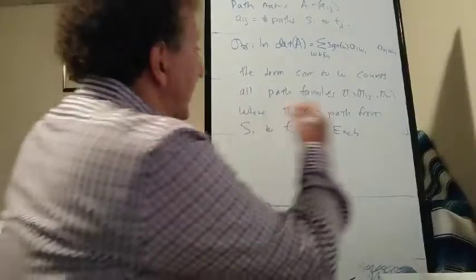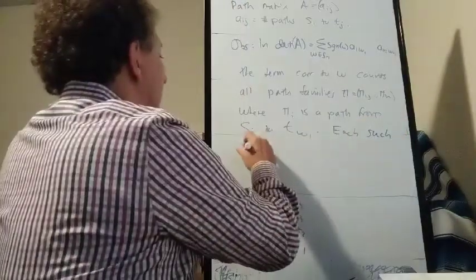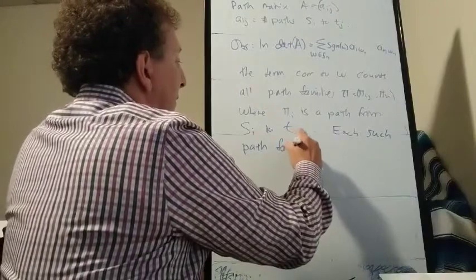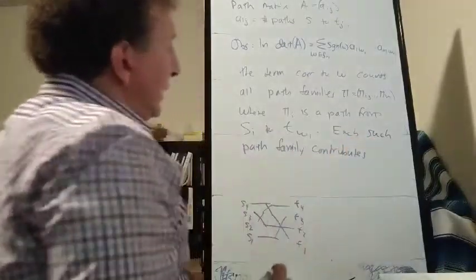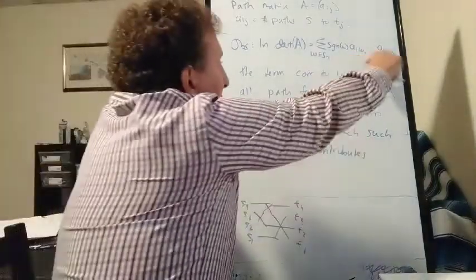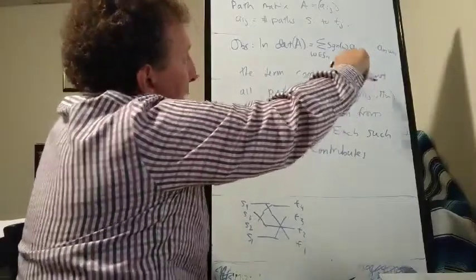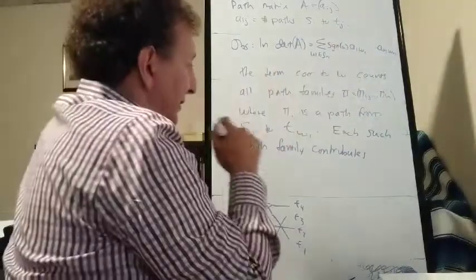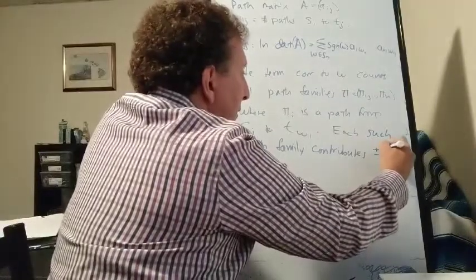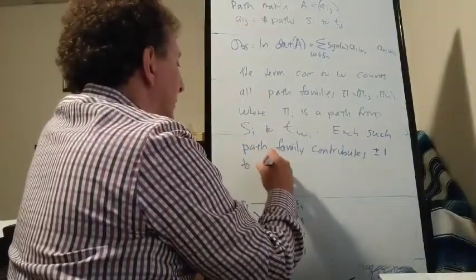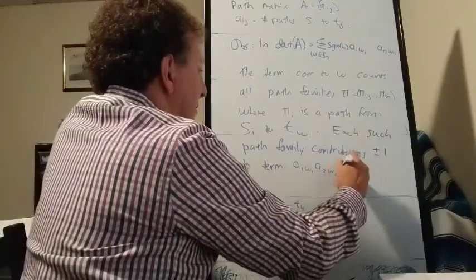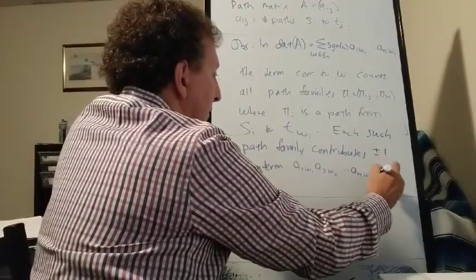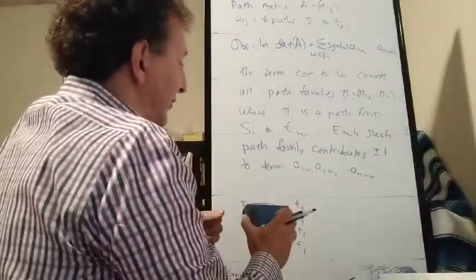Now, each such path family contributes to the determinant. Well, it'll contribute 1 to this product, and then it'll come up with a plus or a minus sign. So it contributes plus or minus to the determinant, I guess, in this term.